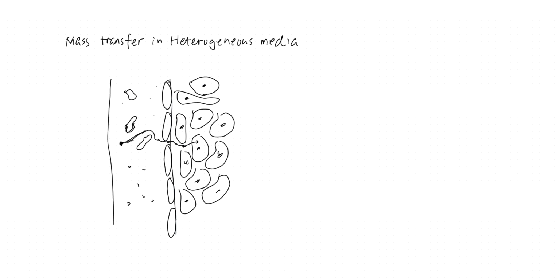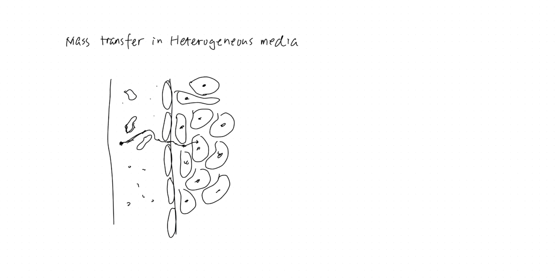That's one example of why we think about heterogeneous medium. This lecture is meant to give you an overview of heterogeneous medium and why it is important, and in later lectures we will talk about the technical details of how to consider each component.